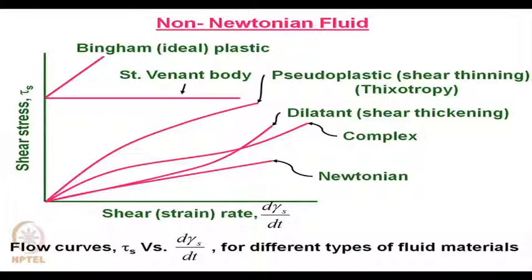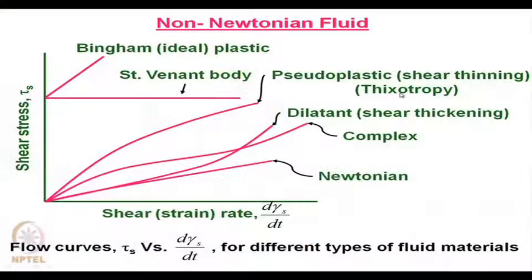So, that kind of behavior is known as thixotropy. It is a kind of shear thinning phenomenon. Shear thinning means on application of stress, what happens? The viscosity is reduced, viscosity decreases.